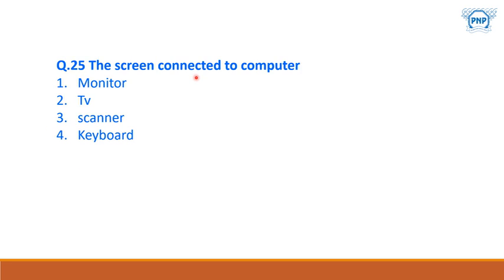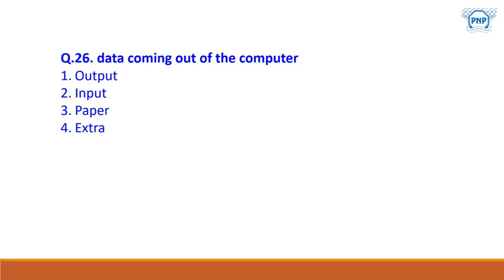The screen connected to a computer is called a monitor, TV, scanner or keyboard. Of course, we know the answer very well. Answer is monitor. Data coming out of the computer is known as output, input, paper or extra. Suppose we are crushing sugar cane and whatever we get out of it, the juice, is the output.